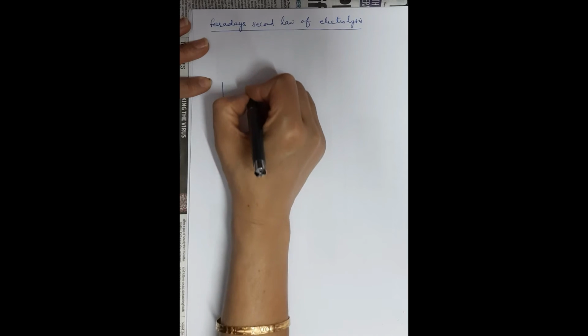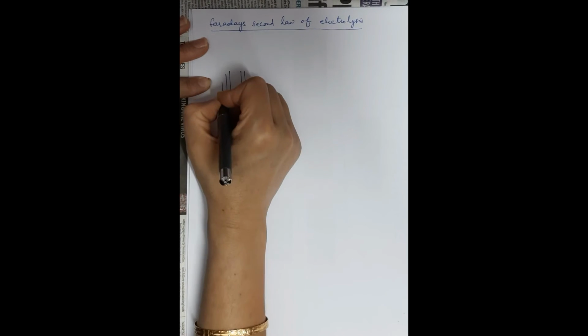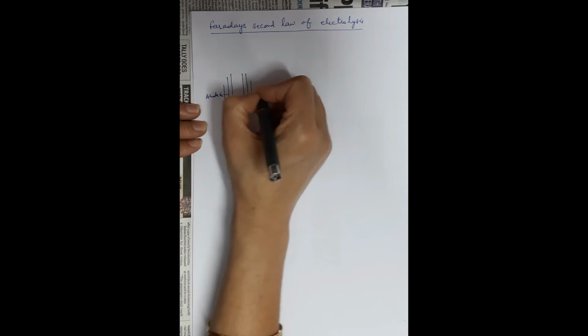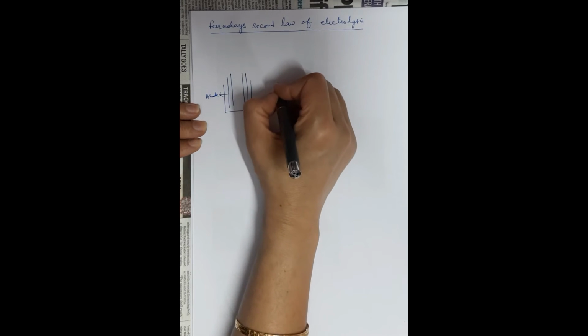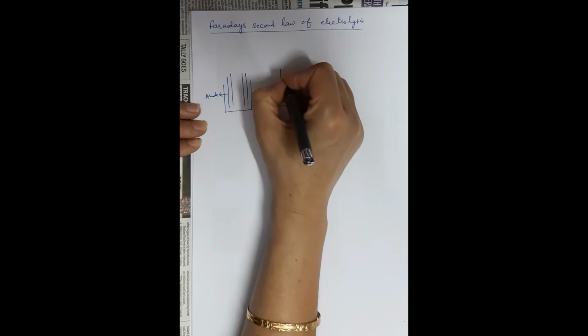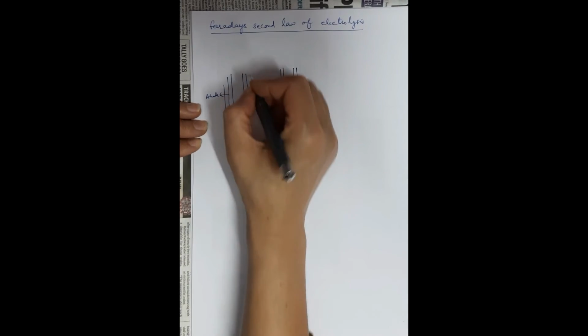This is one container in which two electrodes are there, this is the anode and naturally this is the cathode. I don't have space to write, so I'll take another container in which again two terminals are there, an anode and a cathode.